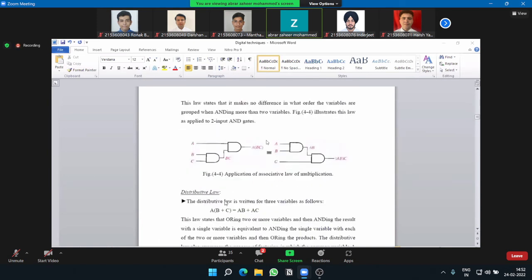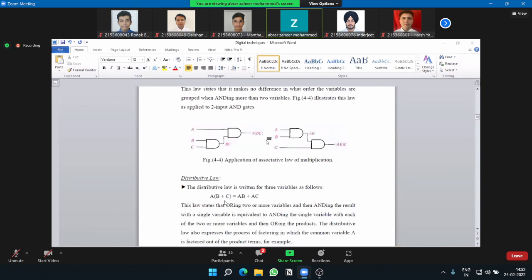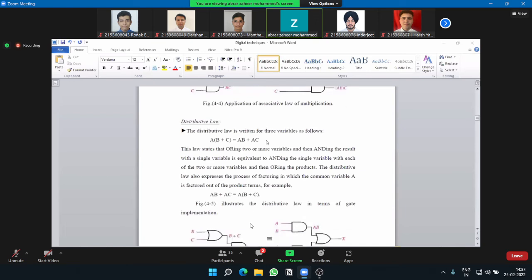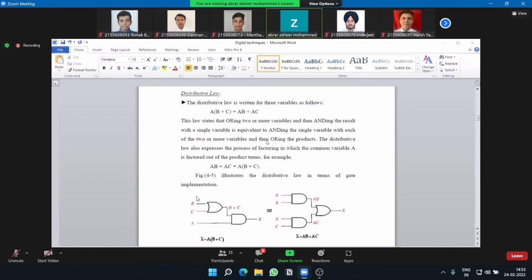Then what is the distributive law? The distributive law we are having: A in the bracket B plus C is equal to what? AB plus AC. This is also shown by the logic circuits. So B and C are the input to this OR gate, and the input to the AND gate is A and B plus C. So the output will be A into B plus C. Here A and B are the input to this AND gate.